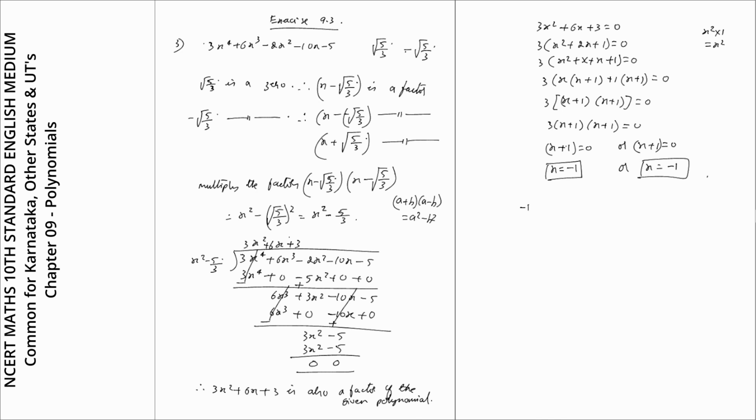So minus 1 and minus 1 are the roots or zeros. Zeros and roots are the same. Okay, I'll write that also. Minus 1 and minus 1 are the roots of the given polynomial.